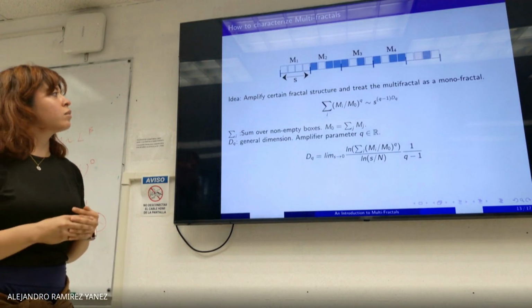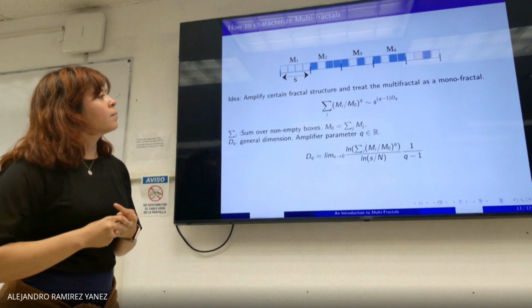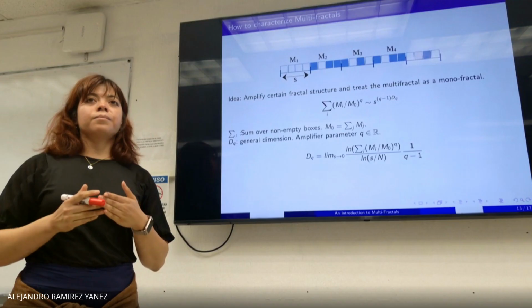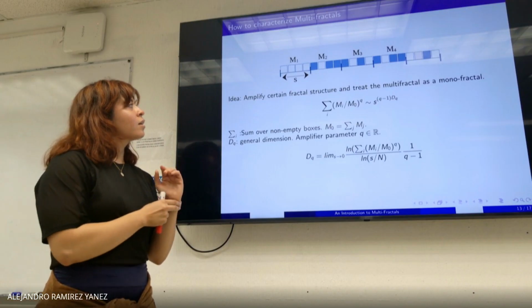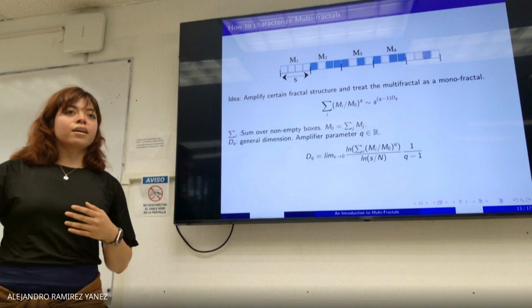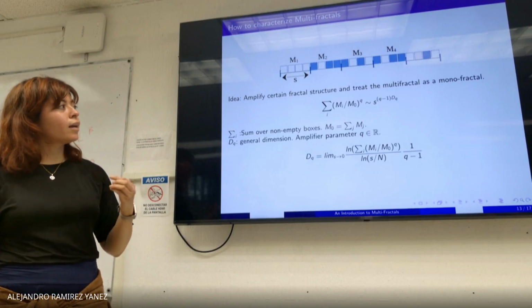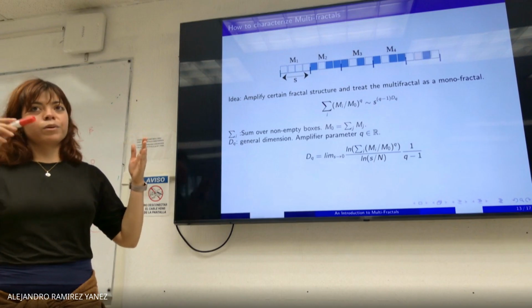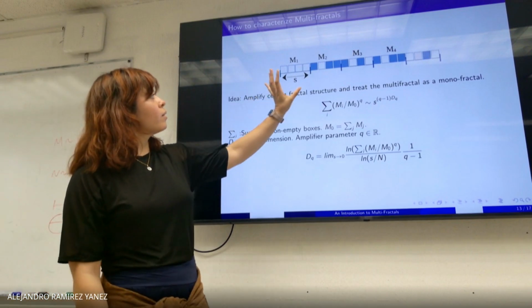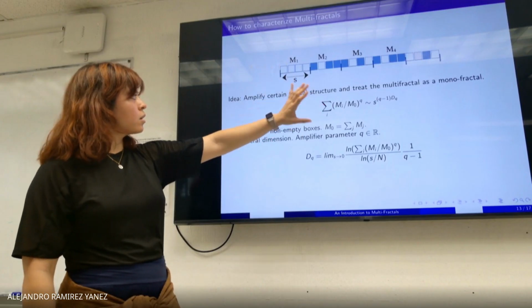How do we characterize a multifractal? As we have many monofractals overlapping, what we do is highlight certain structures by amplifying with a parameter Q. So we divide our fractal into boxes.